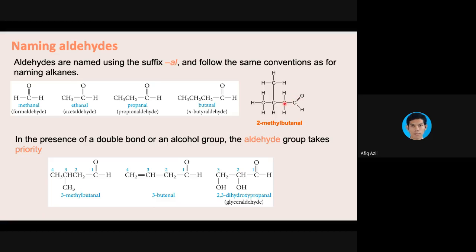So 1, 2, 3, 4, or you can also 1, 2, 3, 4. So you see the name over here is written as 2-methyl butanal. Is it correct or not? Anybody want to answer? Is it correct or is it wrong?